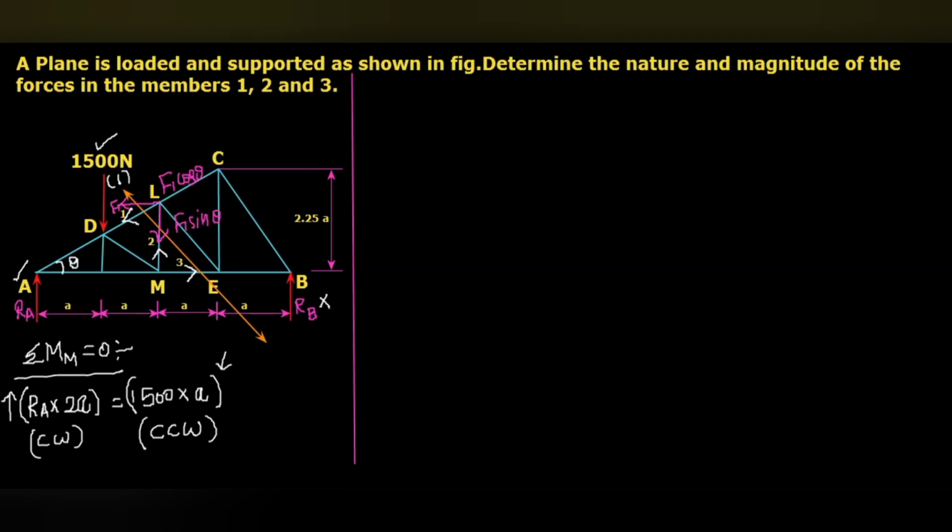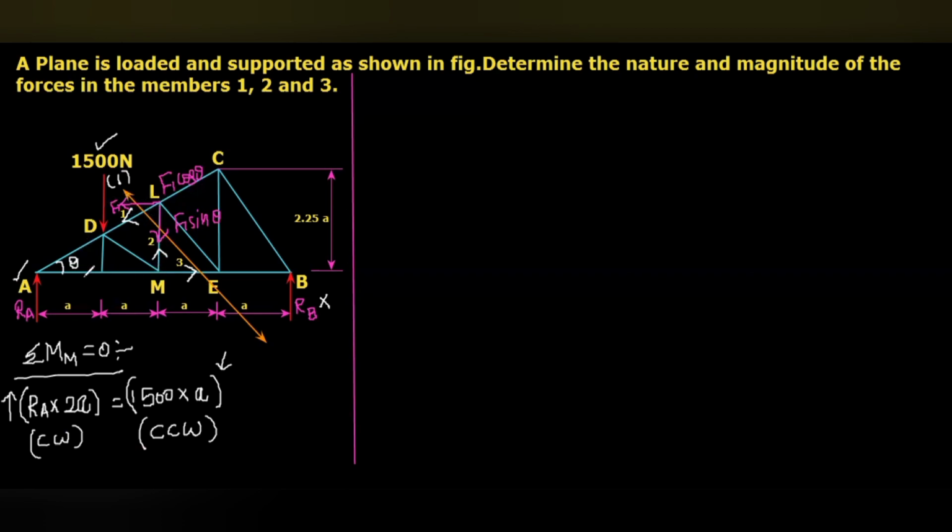So when I take moment about M, the moment made by F1 sin theta will be eliminated. So F1 cos theta, the horizontal component, multiplied with the perpendicular distance LM. When you take moment about M, LM will be the perpendicular distance.